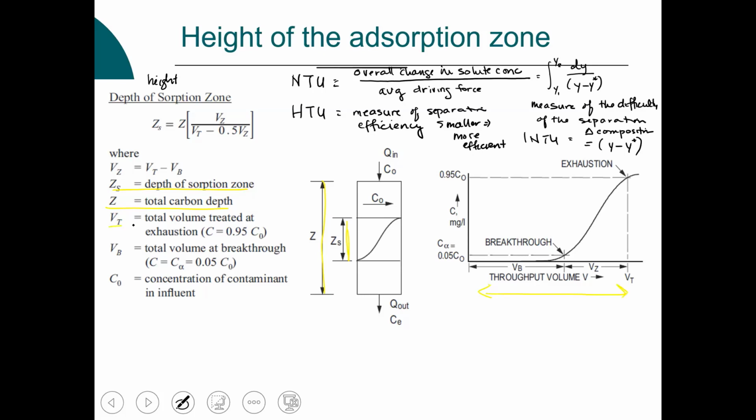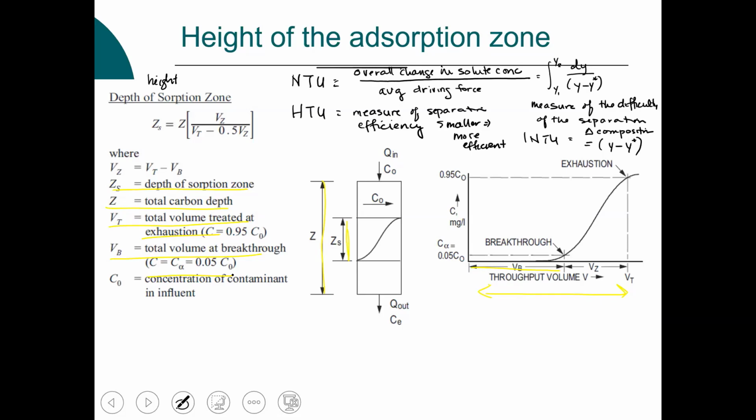is the volume treated to total exhaustion, and we define total exhaustion as 95% of the initial concentration. V sub B is the total volume that we've treated at breakthrough, and often we will define that as 5% of the initial concentration, but know that that can vary depending on your process criteria.